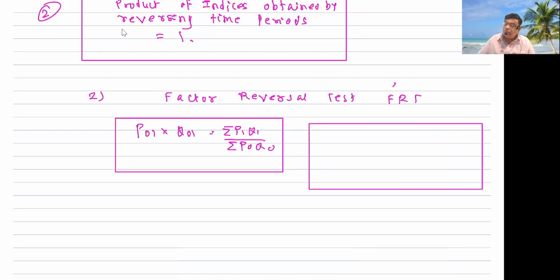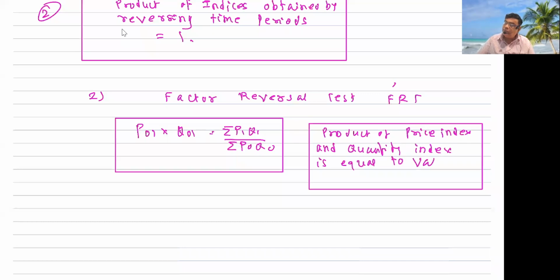And in verbal form, what does it mean? Product of price index and quantity index is equal to value index.